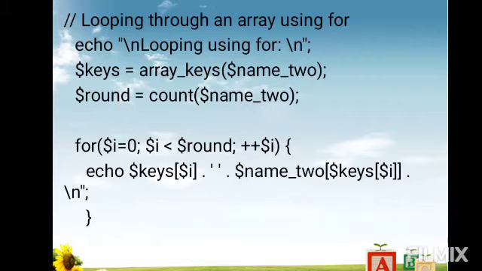Then in the normal way, for i equals 0, i less than count of $name2, that is the length of the array, then i plus plus. We will echo the key and also the name. Two values we print here, keys and their associated values. In this way, we can traverse associative arrays.